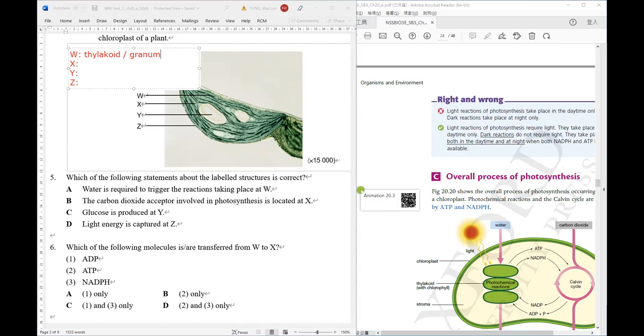For X is the stroma, for Y is the starch granule. For Z is the outer membrane. Okay, outer membrane is not anyhow useful. It's just going to wrap up everything in the chloroplast, just surround everything.